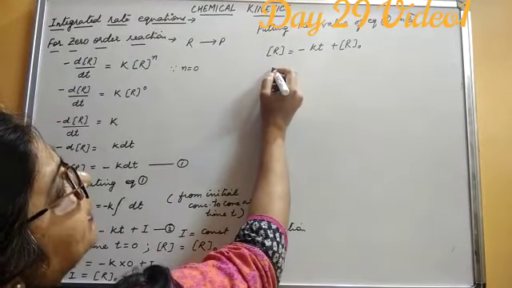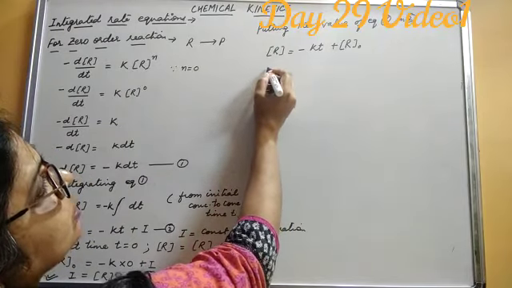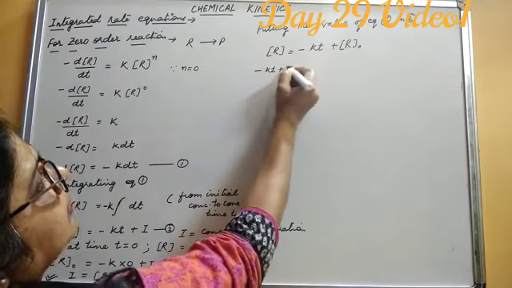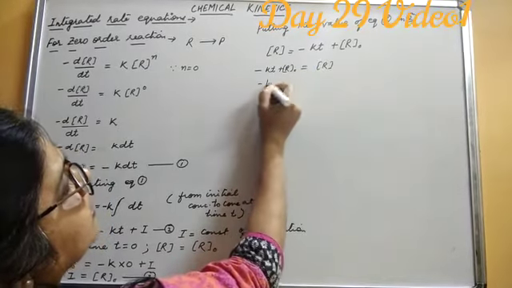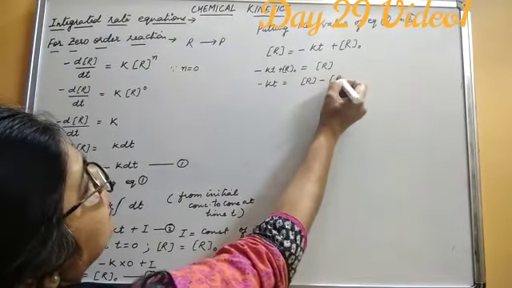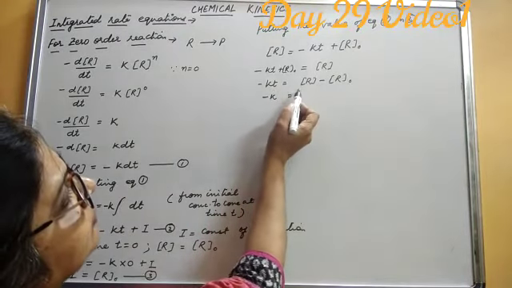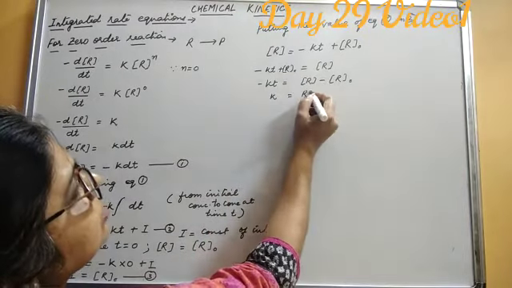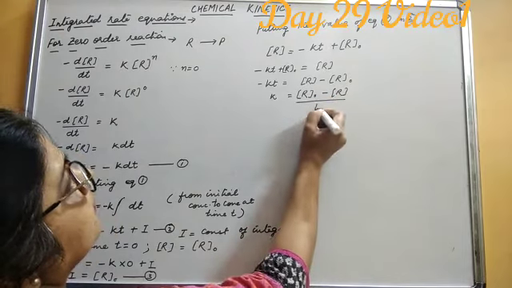To find out k, we can solve this equation. If we write minus kt plus R0 equal to R, then minus kt will be equal to R minus R0. Then minus k will be (R minus R0) upon t, and if we remove the minus sign, the signs also change: k equal to (R0 minus R) upon t.